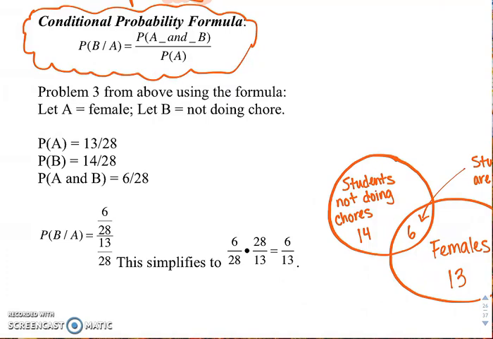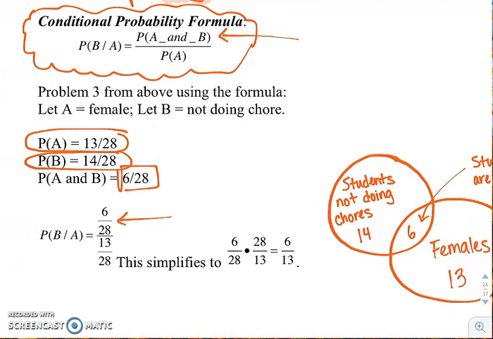So the probability of A, that they are female, there were 13 females. Not doing a chore, there were 14 people that didn't do a chore. So, probability of A and B was that 6 out of 28. So that's what goes on the top of your fraction if you guys choose to do it this way.